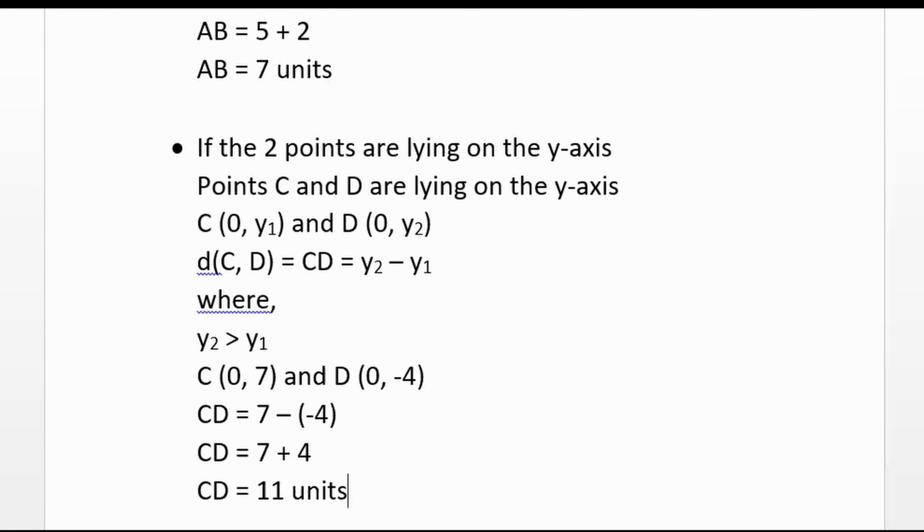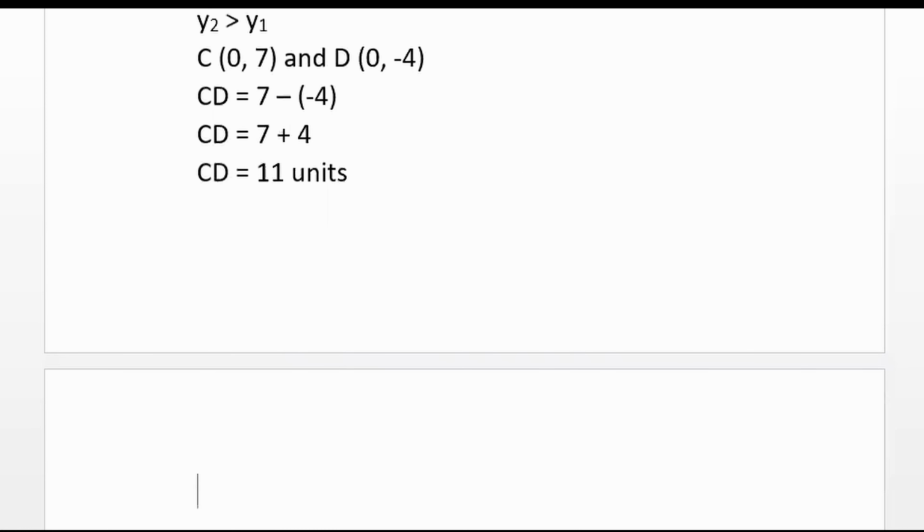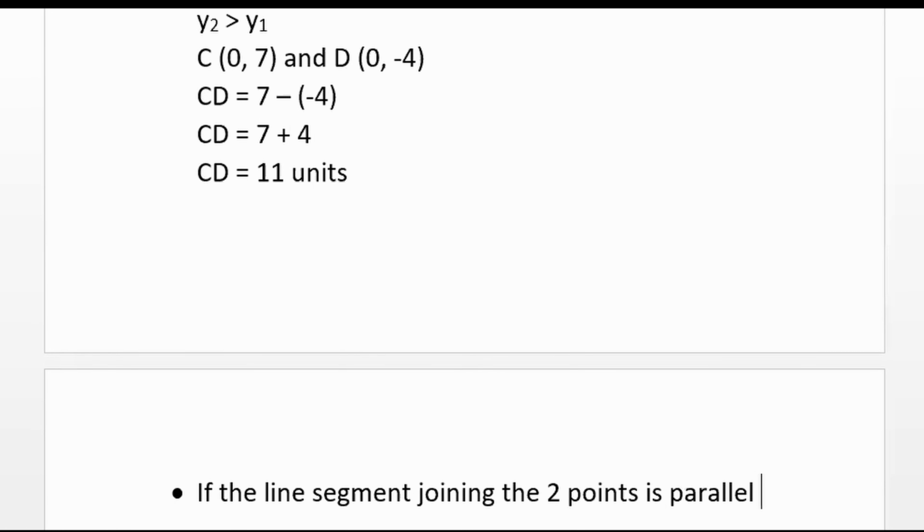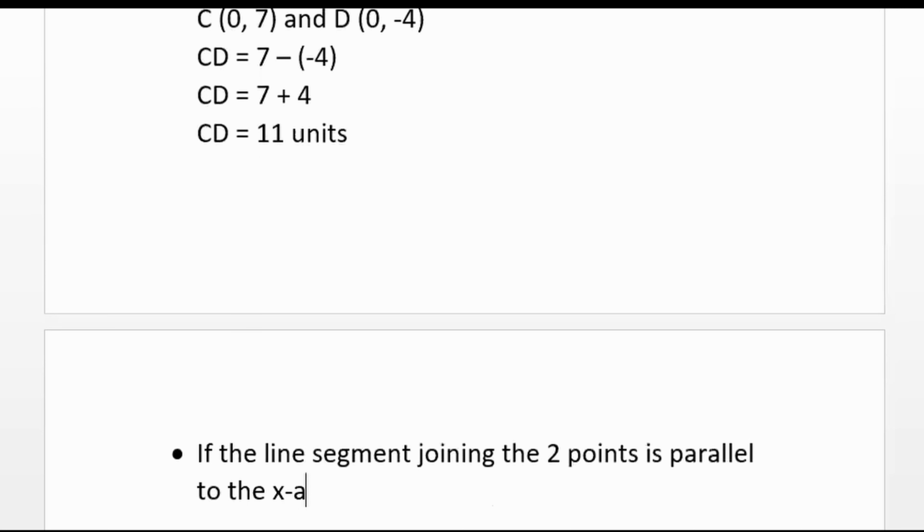So these are the two cases in which both the points are lying either on the x-axis or y-axis, and how we find the distance between the respective points. With this, we proceed to the next case, which is if the line segment joining the 2 points is parallel to the x-axis.